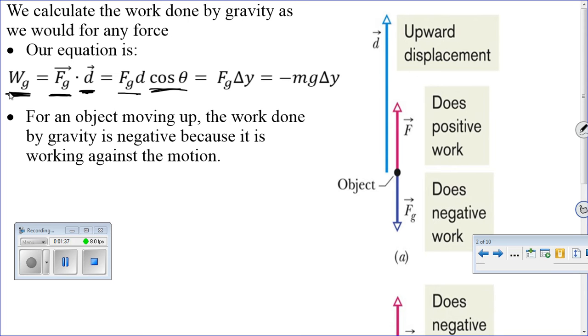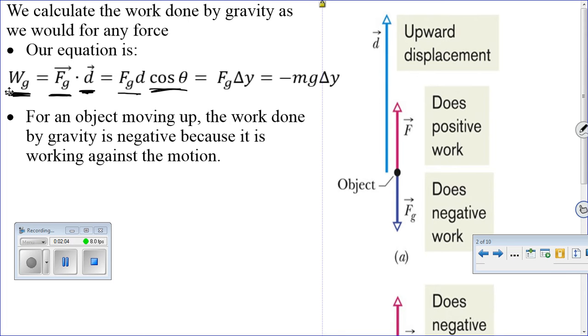Remember, this theta is the angle between your force vector and your displacement vector. We'll do an example to make this more explicit, but it turns out that d cosine theta just gives you your vertical displacement. And the force of gravity is just negative mg, right?